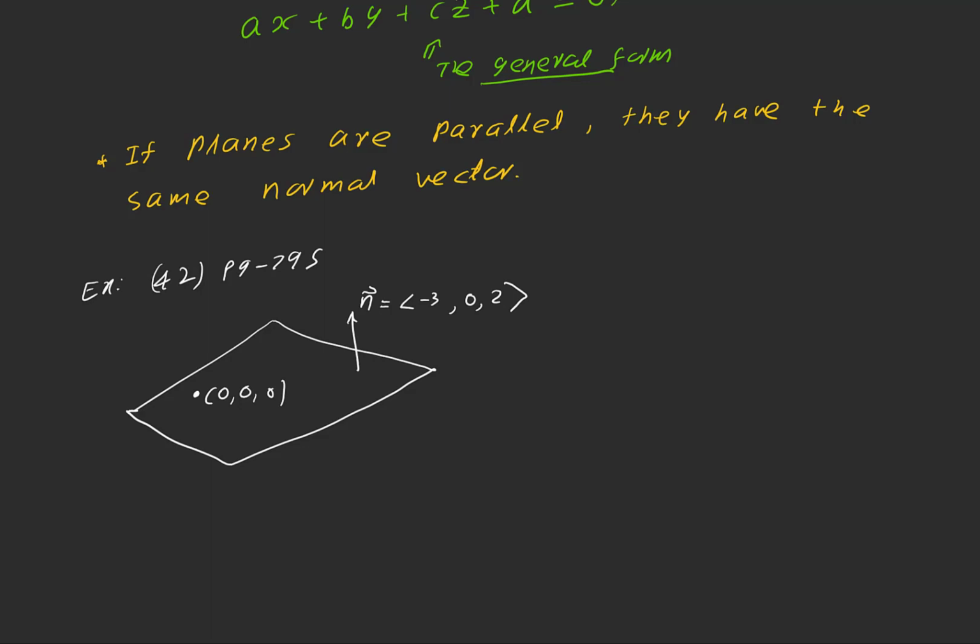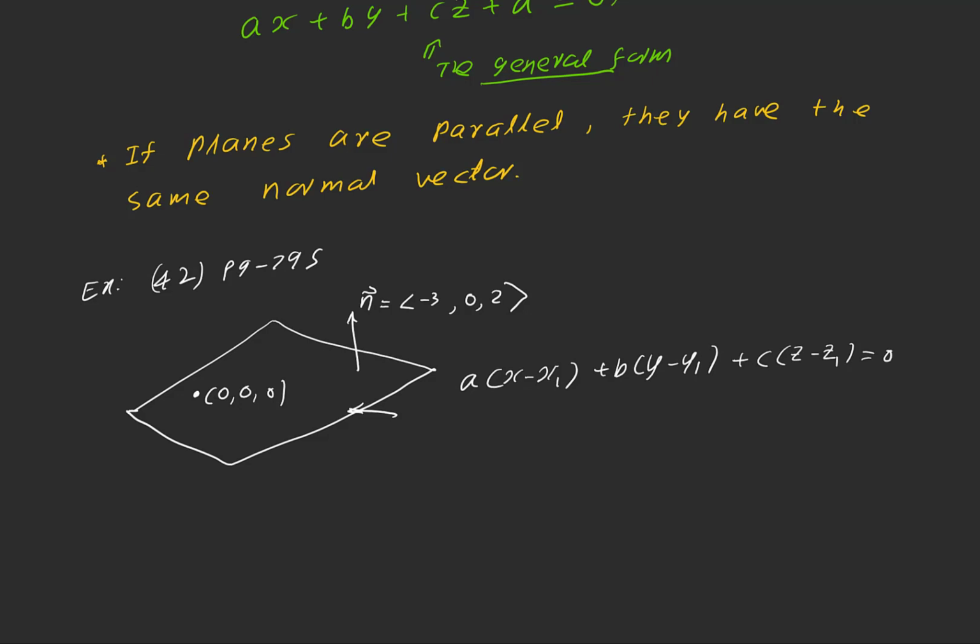Then how do we find the equation of this plane? Yes, you can use directly the equation a(x minus x1) plus b(y minus y1) plus c(z minus z1) equals 0.